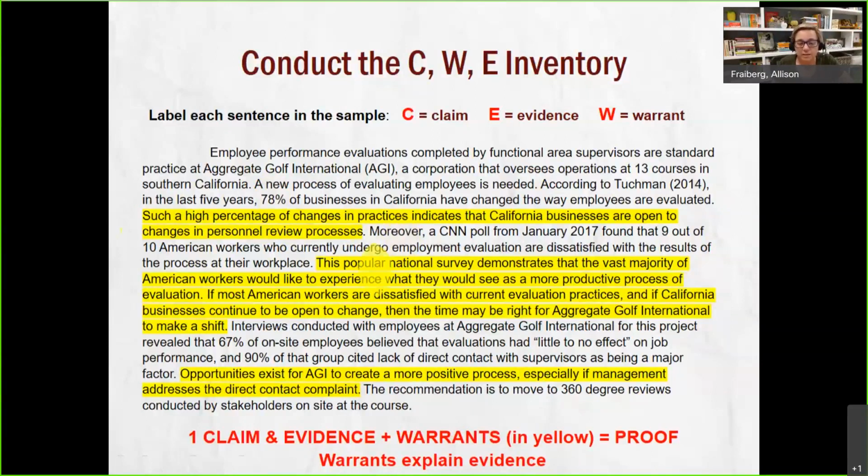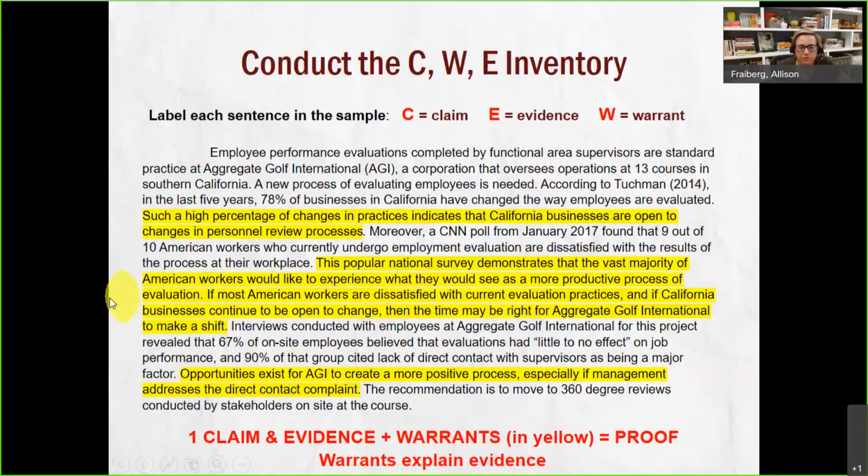Moreover, a CNN poll from January 2017. Remember the CNN poll? That's the dissatisfaction poll. So look, now I want to talk about that dissatisfaction. I want to talk about that poll. And this is what I was thinking in relation to that poll and how it led me to the claim.